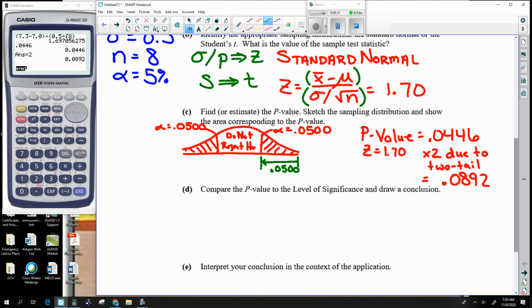Is the distance larger than or smaller than that 0.05? And this one is 0.8. So it falls out here somewhere. This is my 0.8. The distance is longer. So I put the p-value as a little dashed line, and I record p-value is 0.892.